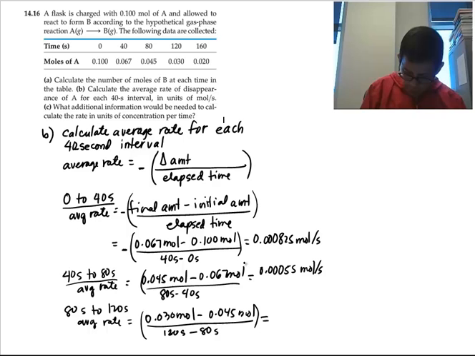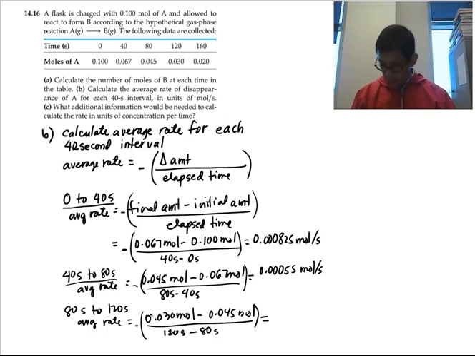And this one you got to get the negative as well. You should get 0.000375 moles per second.